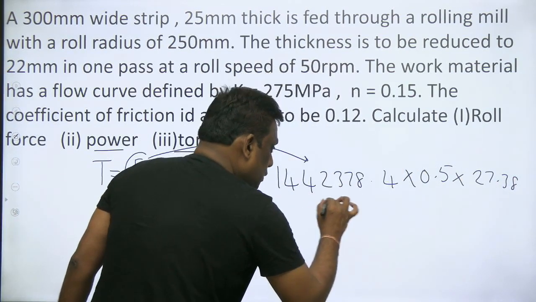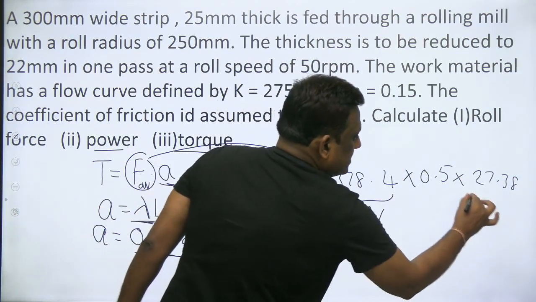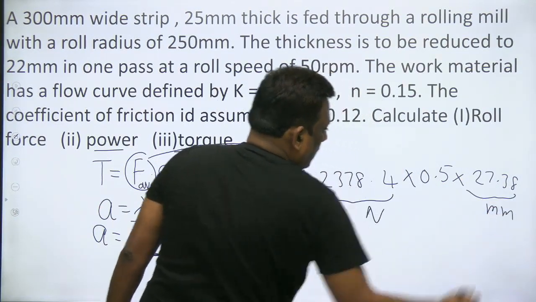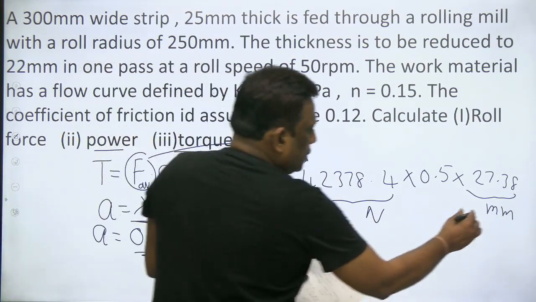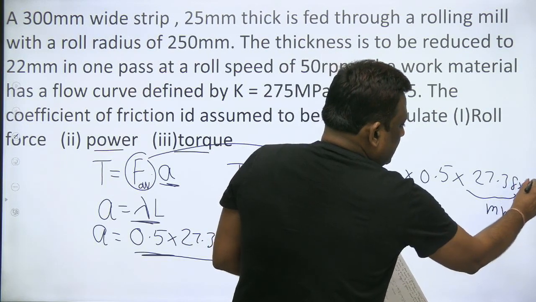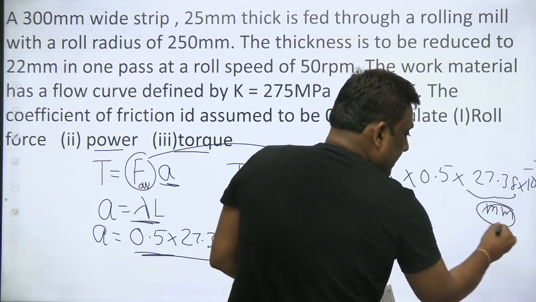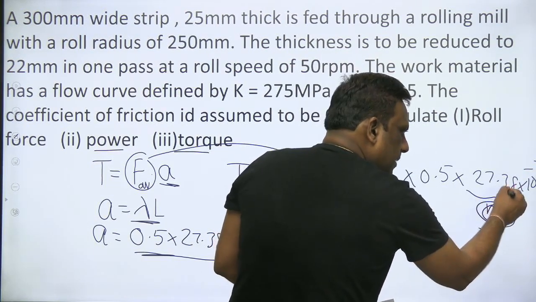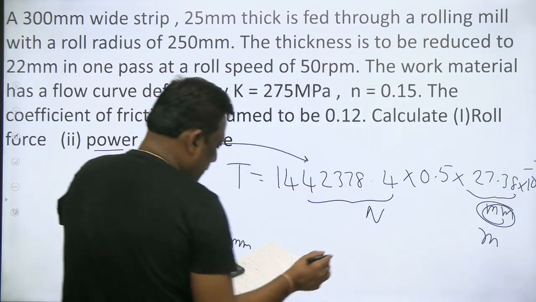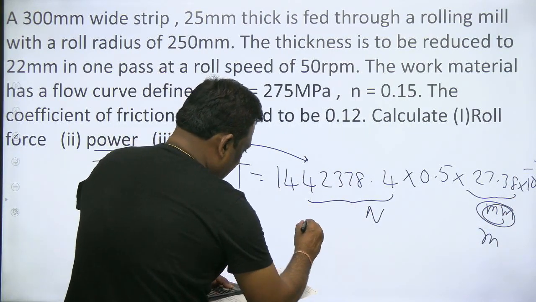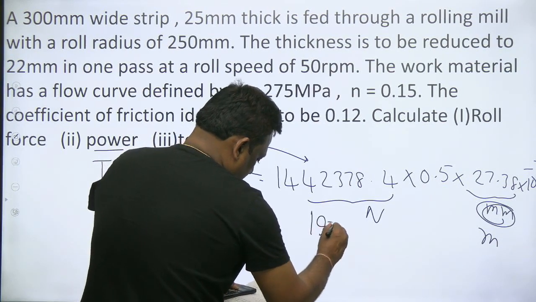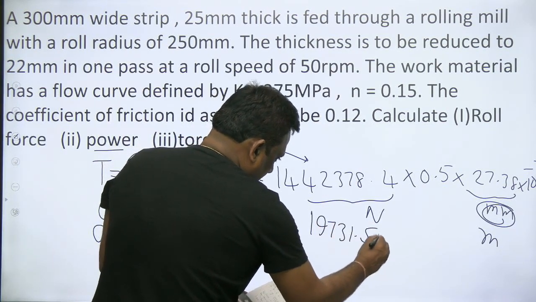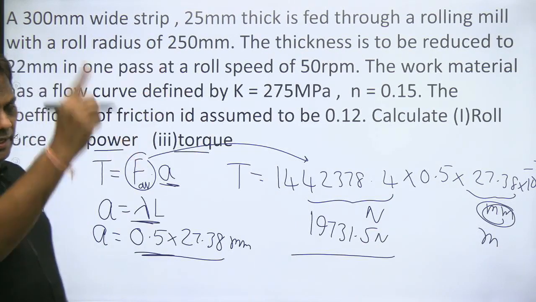The force is already in Newton. This is in mm, so if we convert to Newton meter, we multiply by 10 power minus 3, and it will be in meter. So you get Newton meter. How much are you getting? I think you are getting 19731.5 Newton meter. This is the torque on a single wheel.